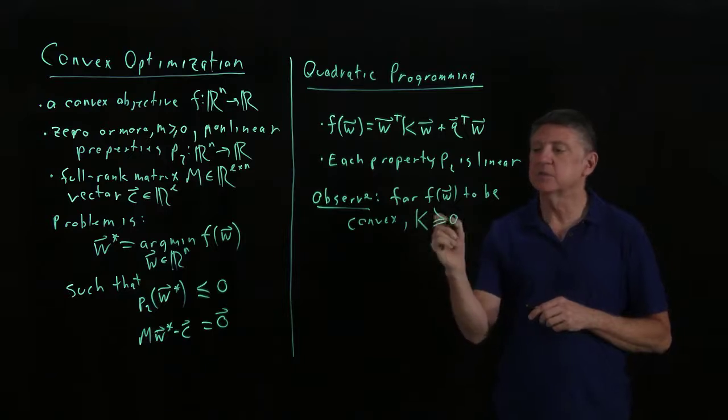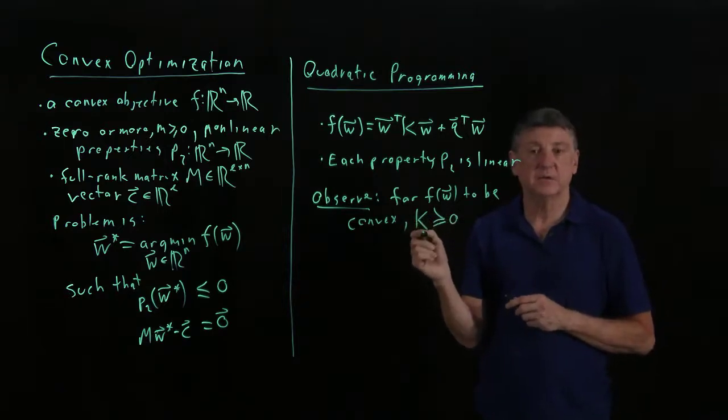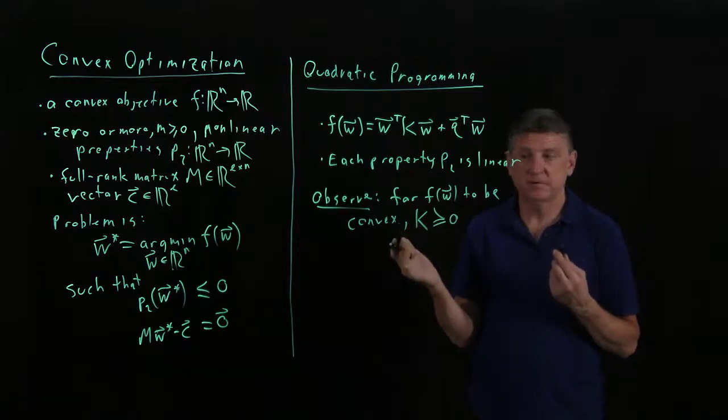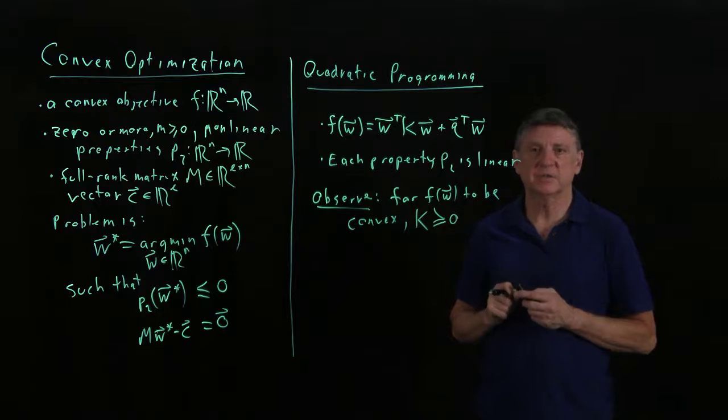That is, and this is the way that we write it, but what we need is K has to equal K transpose, so it has to be symmetric, and all of its eigenvalues must be greater than or equal to 0.